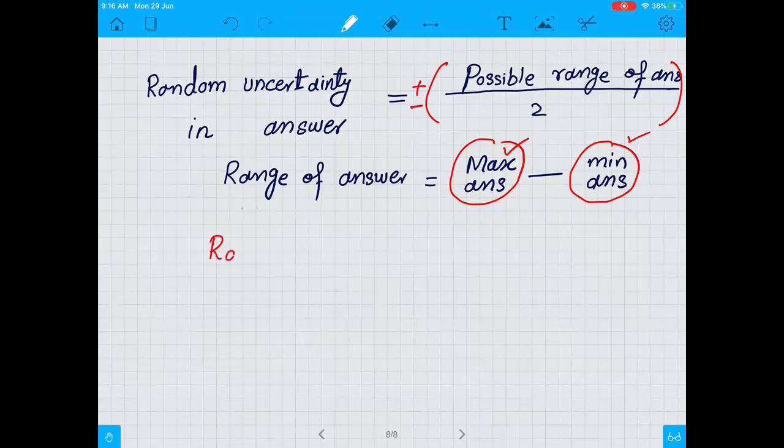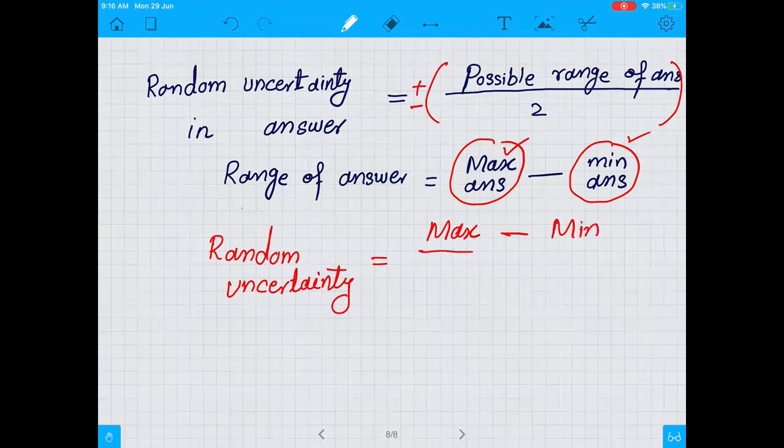So in simple words, random uncertainty in the answer of a calculation would be the maximum possible answer minus the minimum possible answer over 2, with the sign plus minus. Now let's solve an example for that.